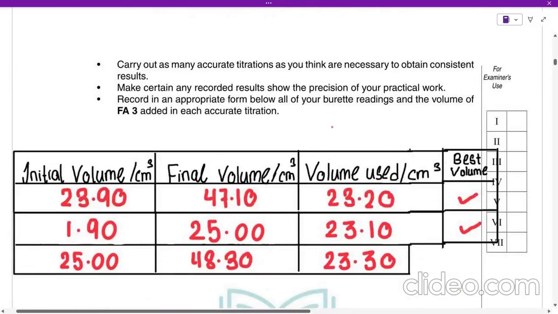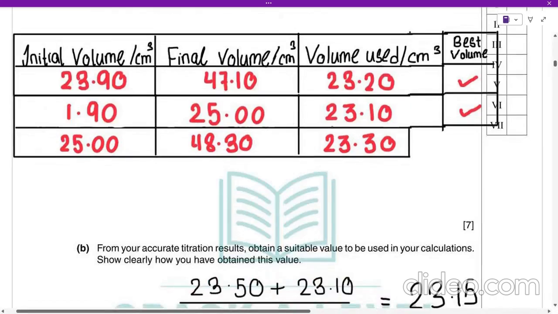Carry out as many accurate titrations as you think are necessary to obtain consistent results. Make certain any recorded results show the precision of your practical work. Record in an appropriate form below all the burette readings and the volume of Fa3 added in each accurate titration. So we have taken these results. I already showed you how to make the table, but you can also include a best titre column at the end.